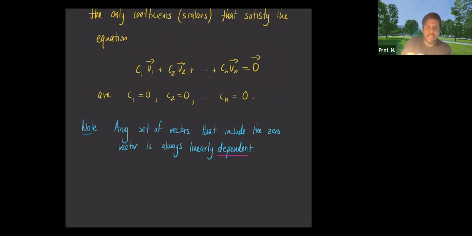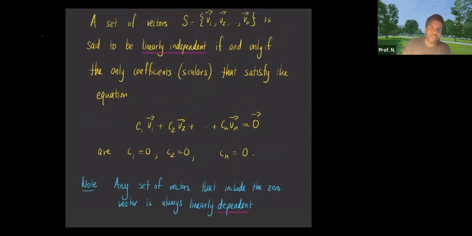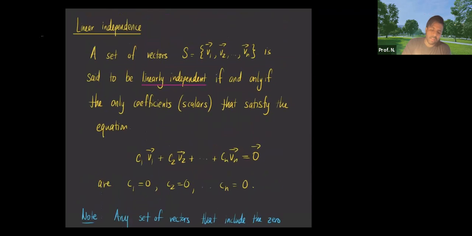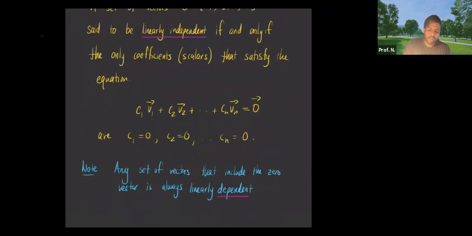What does that imply? That the set of vectors that includes the zero vector can never be linearly independent. They're always linearly dependent by definition. So again, this is a little strange, right? At first, you're like, what does this actually mean?